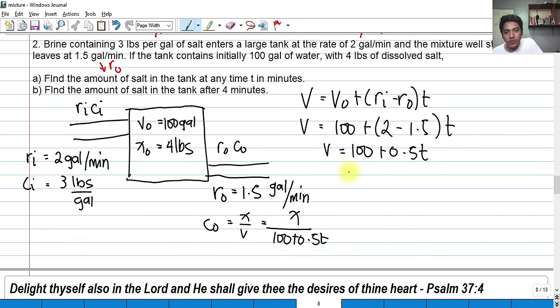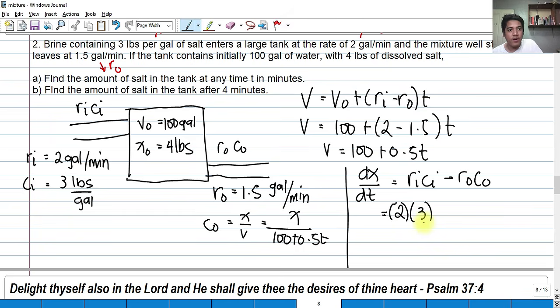So, putting that into our equation, again, the differential equation is dx over dt equals r sub I, c sub I, minus r sub 0, c sub 0. So we have r sub I is 2 gallons per minute multiplied by c sub I, that's 3 pounds per gallon of concentration, minus r sub 0, which is 1.5, multiplied by c sub O, which is x over 100 plus 0.5 t.